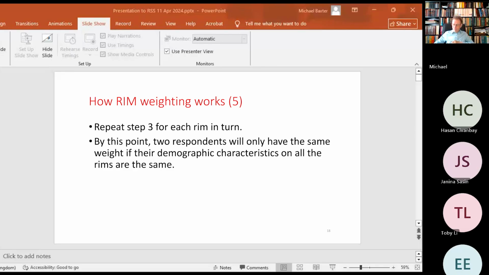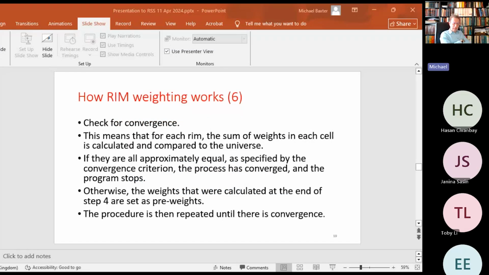So you might say they're 2 people of roughly the same age, living in the same area with the same household size, or whatever your rims are. Instead of doing a multiplicative adjustment, you do an additive adjustment.